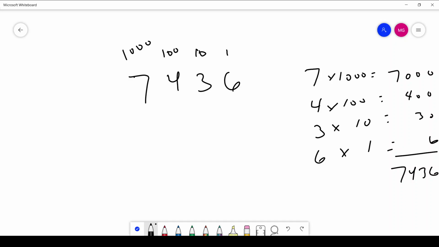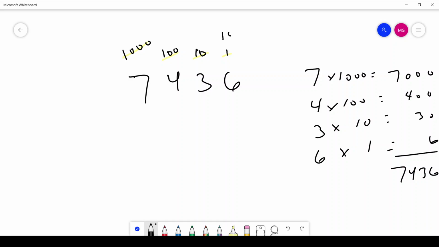The next thing we've got to ask ourselves is, where do these values come from? Why is it 1, 10, 100, and 1,000? So we're working in the base 10 system. That means there's 10 digits, 0, 1, 2, 3, 4, 5, 6, 7, 8, 9, right? Each of these place values is determined also because we're in base 10.